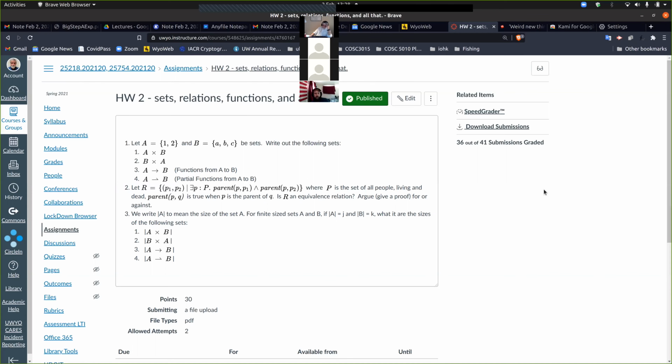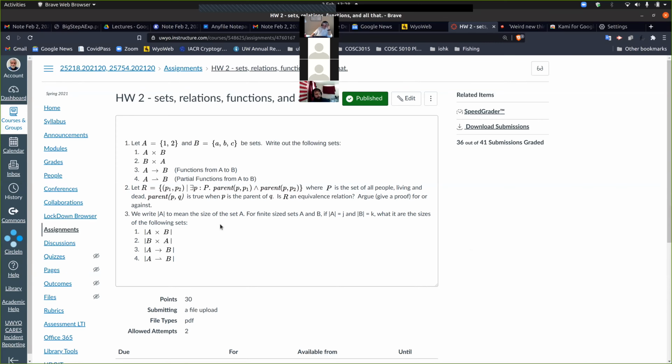So in the relation, where it's P comma P1, is P the Q in the parent function? No, the pair is a parent and a child. That's what it says.